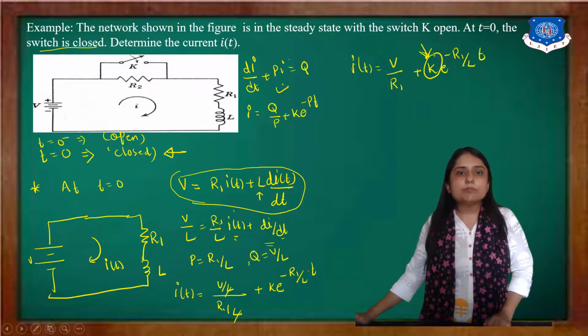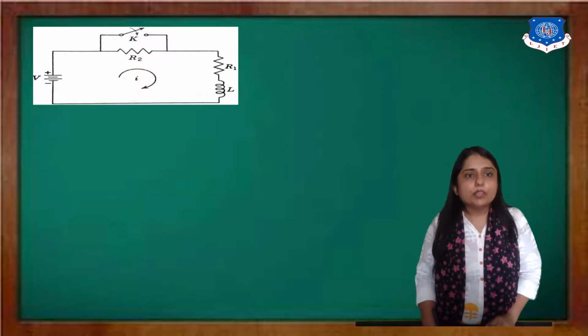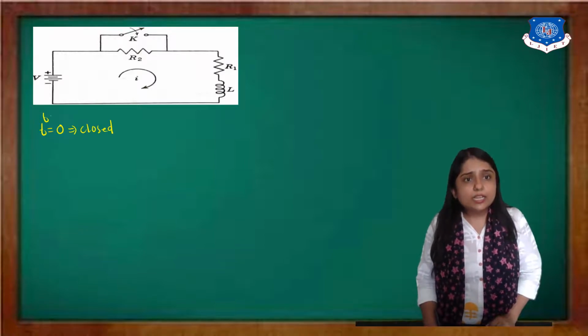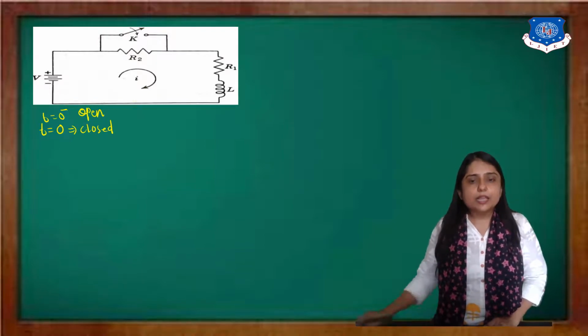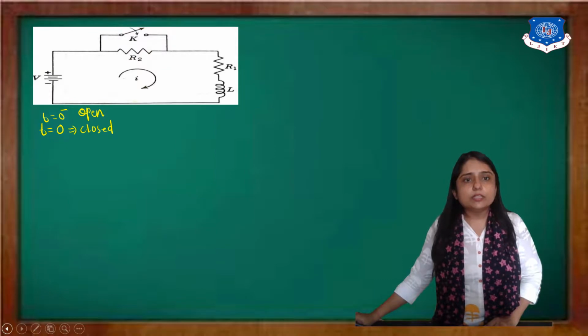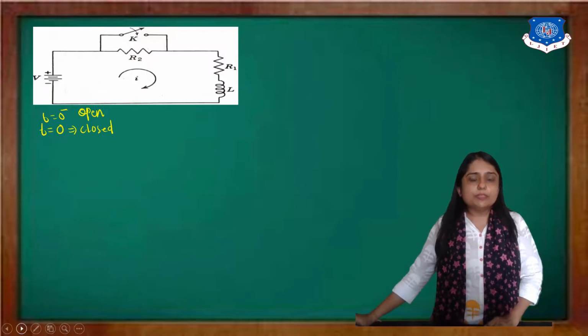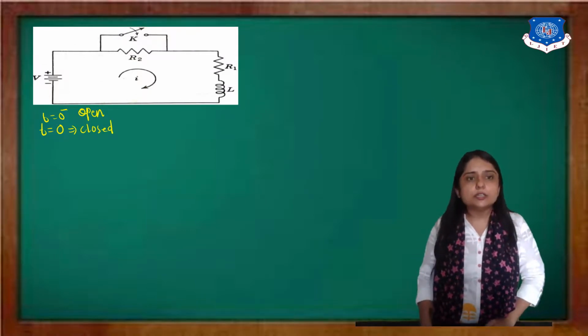Alright, so let's apply that initial condition. In this diagram, we know that at t equal to 0, my switch was closed. So at t equal to 0 minus, I have to consider the switch is open. And in the question, one thing is given to you, that is steady state condition. That means initially you can consider your inductor as a short circuit.